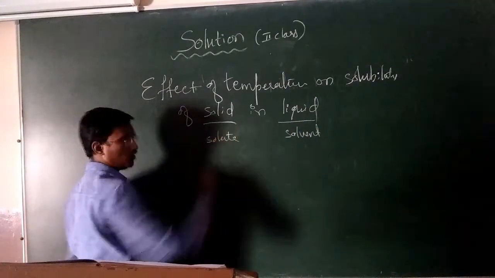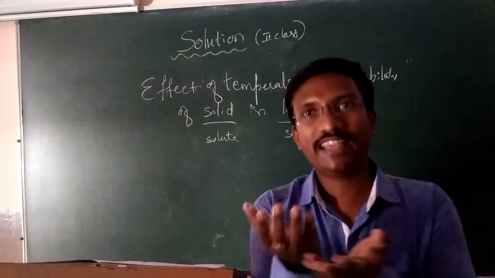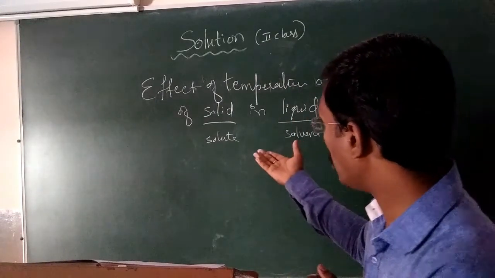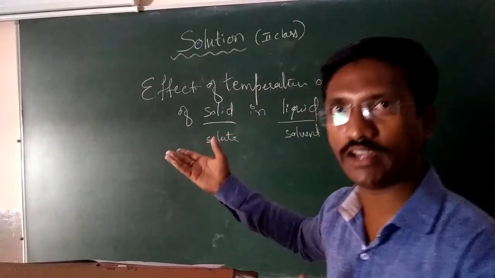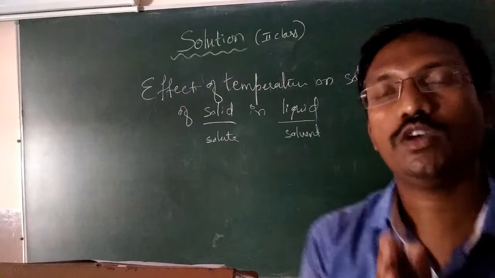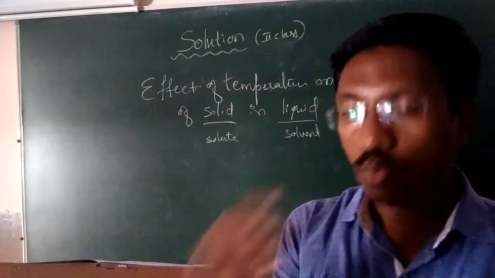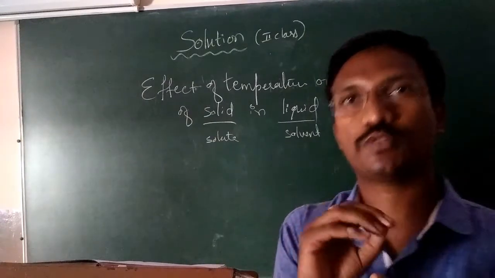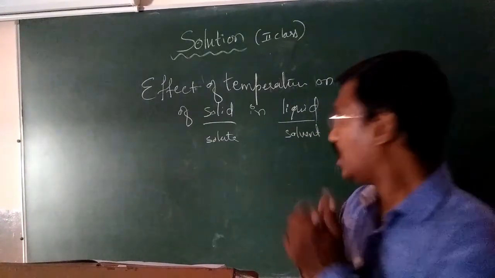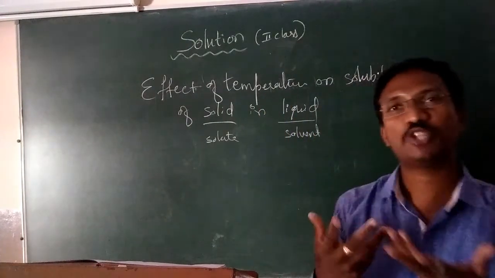The meaning is very simple. Whichever solute we take should be a solid, and the solvent should be a liquid. When we dissolve a solid compound in a liquid, the dissolution, the mixing of this compound, how does it vary by changing the temperature?